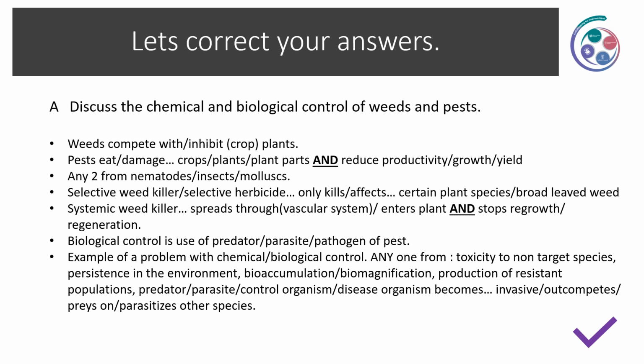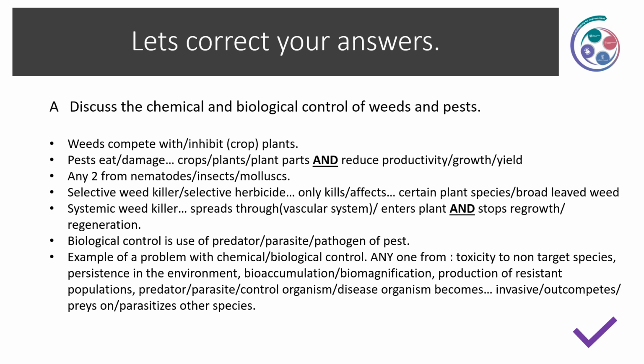Let's look at A. Discuss the chemical and biological control of weeds and pests. This is a mock answer scheme that has been created based on past paper questions from the SQA. For each bullet point that you have successfully written, award yourself a mark. If there is the word "and" bold and underlined, you must have both parts of the sentence to get the mark.